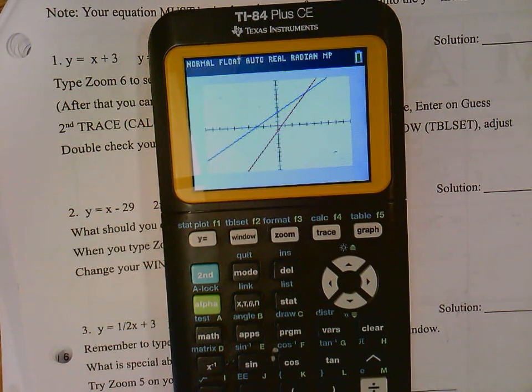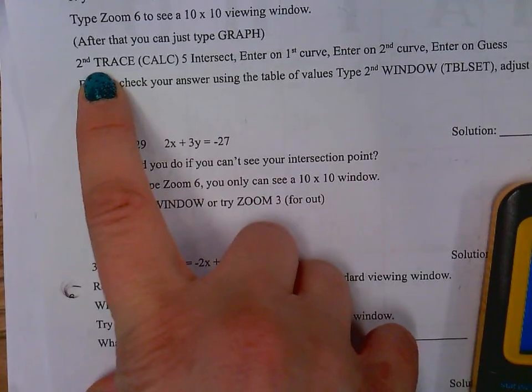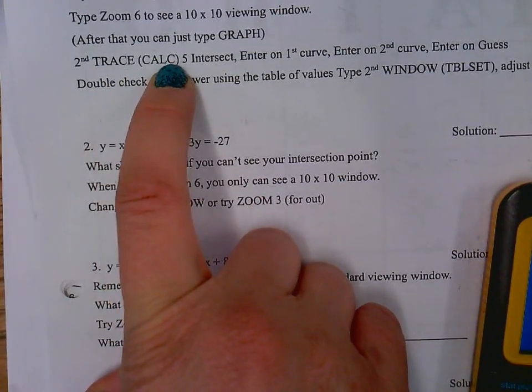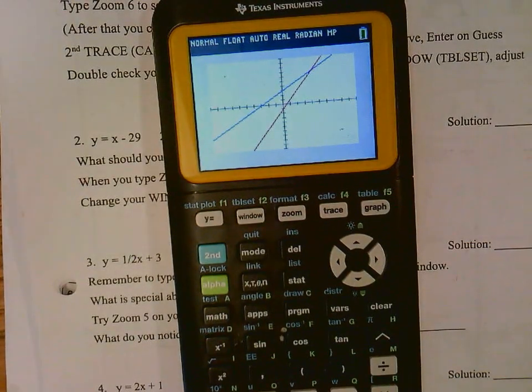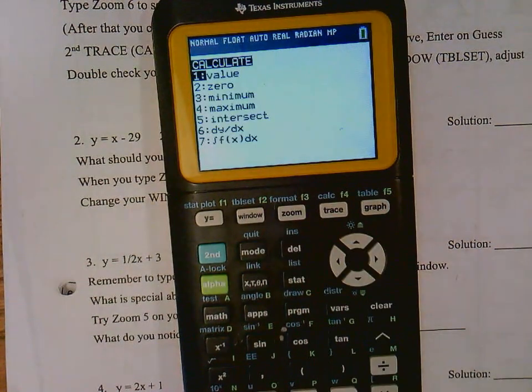So I wrote those directions on your paper. So you go to second trace, which is the calculate button, and intersect. So do you see the trace button? Here's where it says calculate. I want to calculate things from my graph. So you hit second trace. What do you want to do? You want to find the intersection points.